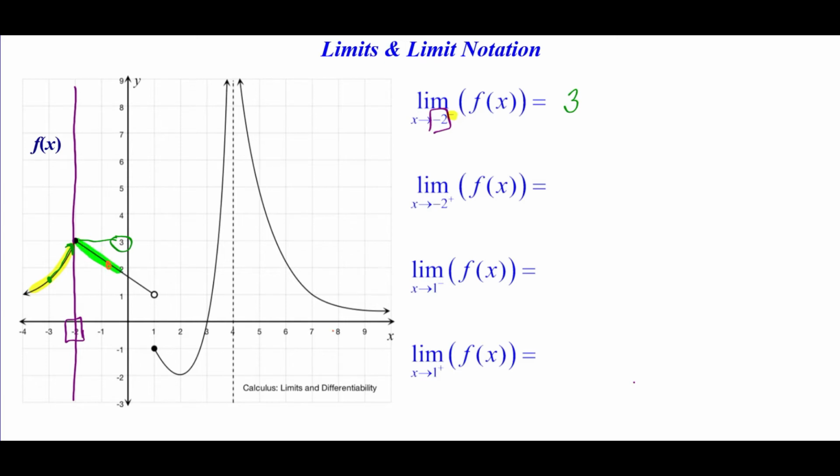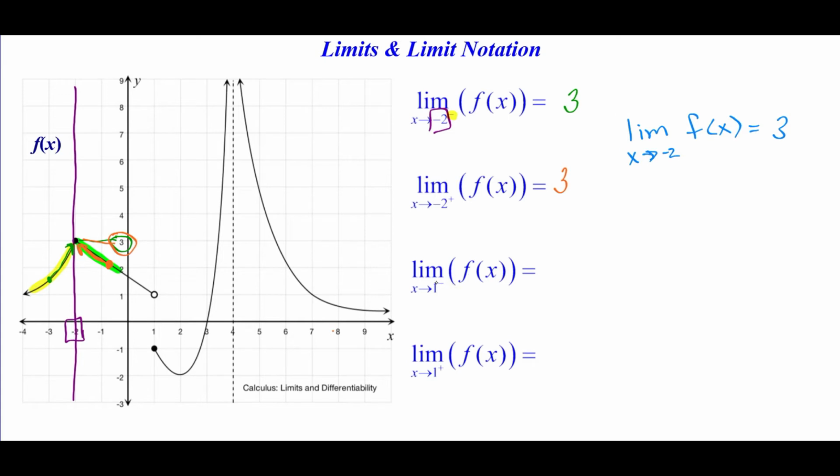If we pick a point over here and then move towards the vertical line along the function, again, I'm looking for the y value that we're approaching, and we're approaching that same y value of 3. Since the right-hand and left-hand limits are equal to the same value, we would say that the general limit, the limit as x approaches -2 of f of x, is also 3.